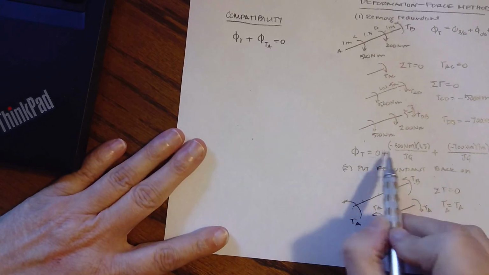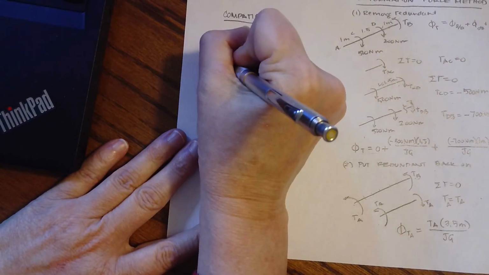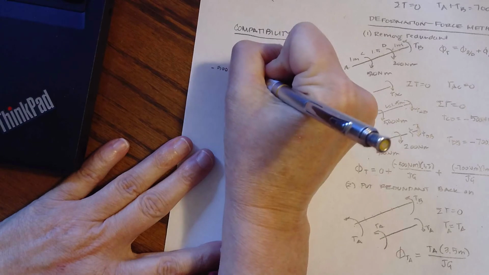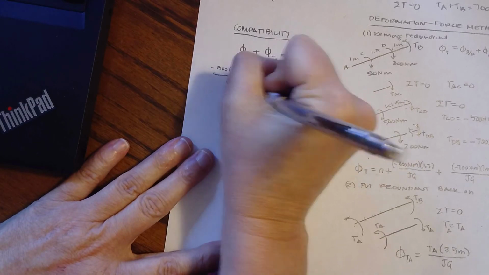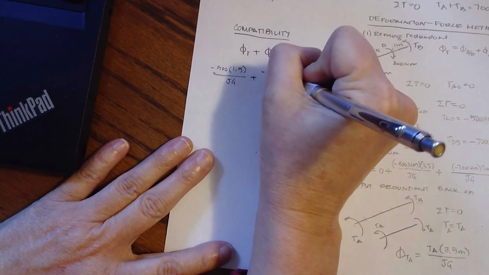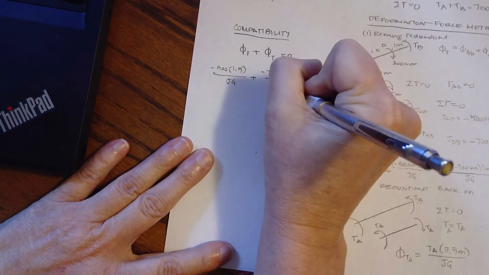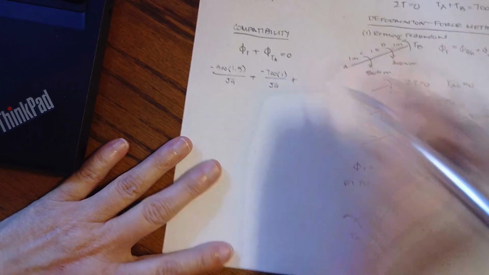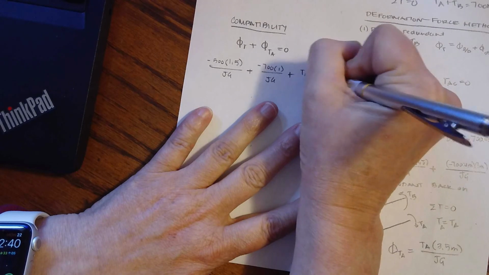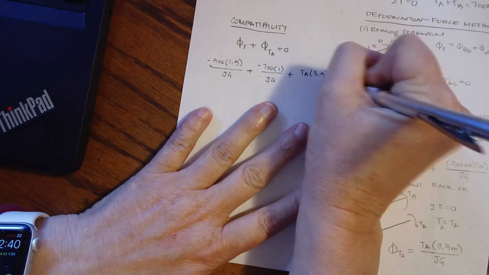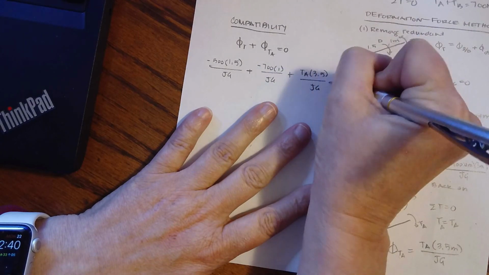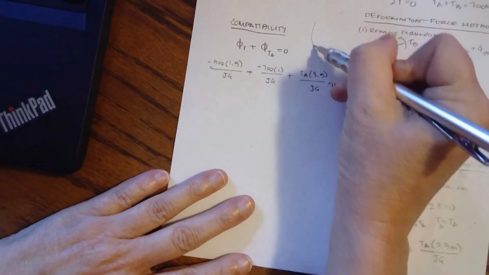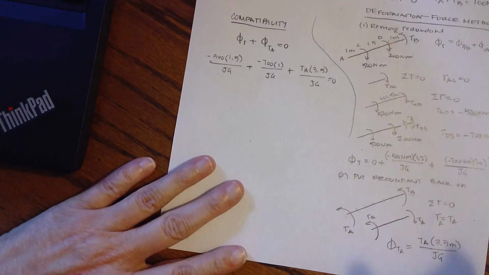So I've got negative 500 times 1.5 divided by JG, plus negative 700 times 1 divided by JG, plus the torque at A times 3.5 divided by JG, and all of that equals 0.